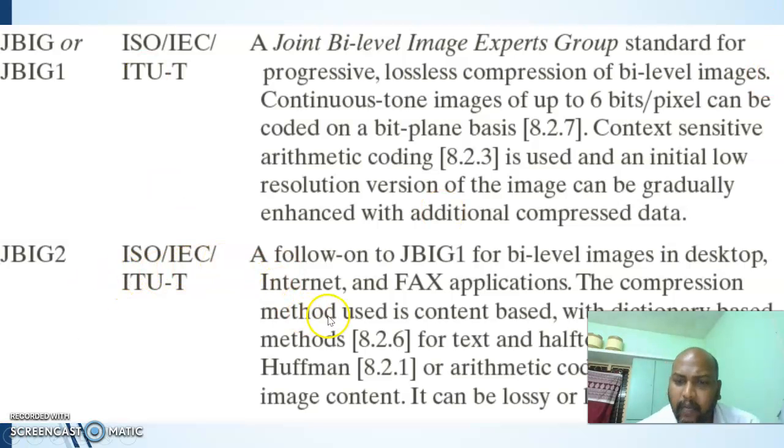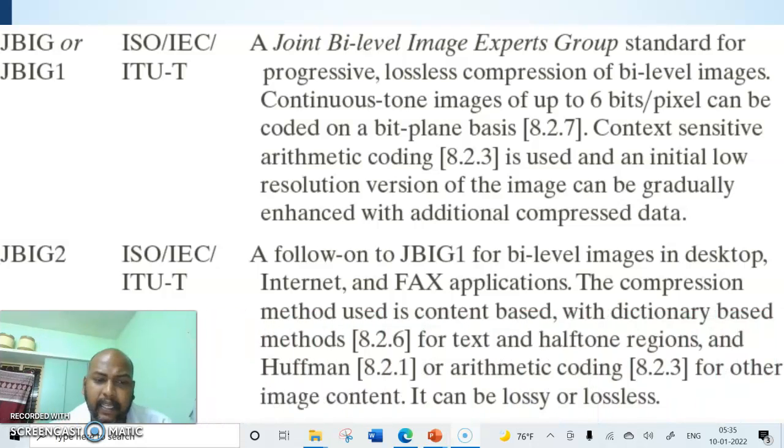Next, JBIG2 is an advanced version of JBIG1. Here they use content-based compression methods: a text-based method for text, a dictionary-based method for halftone regions, and for other image content they use Huffman or arithmetic coding.